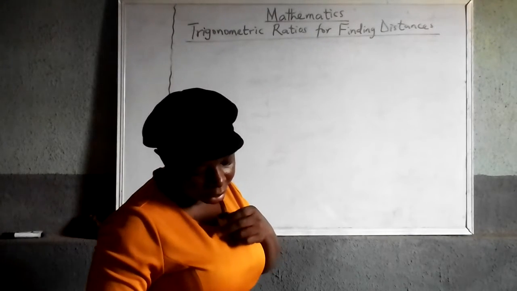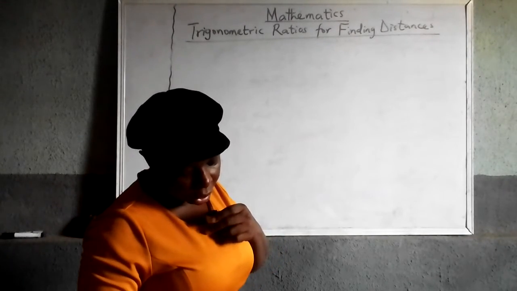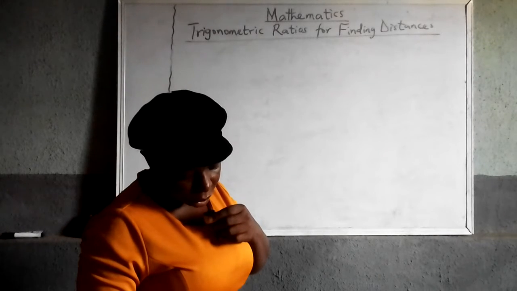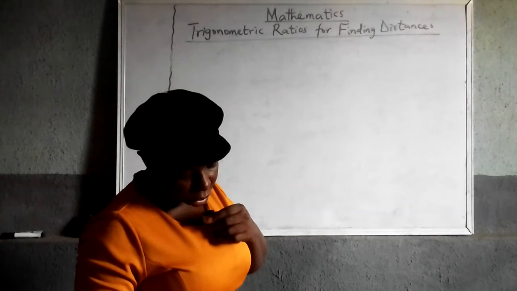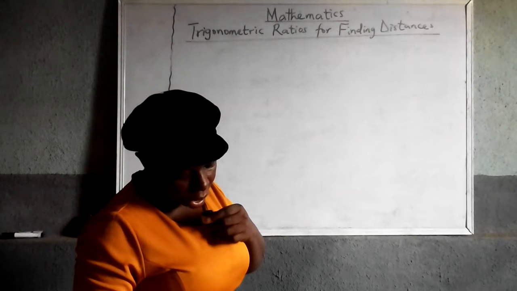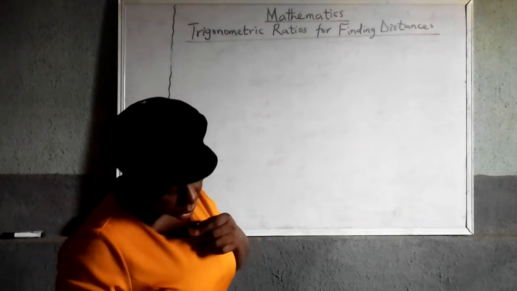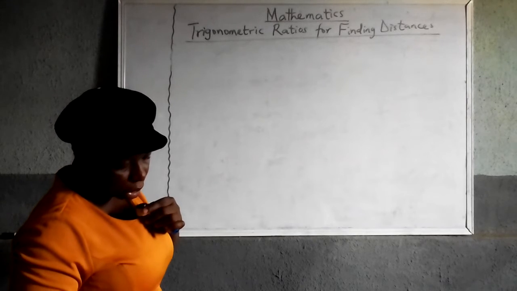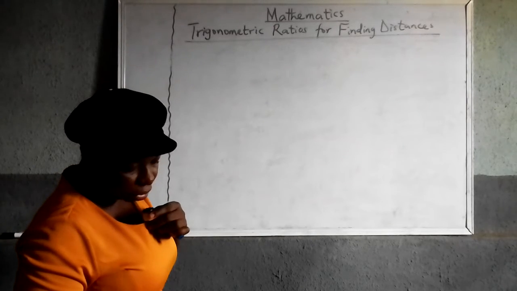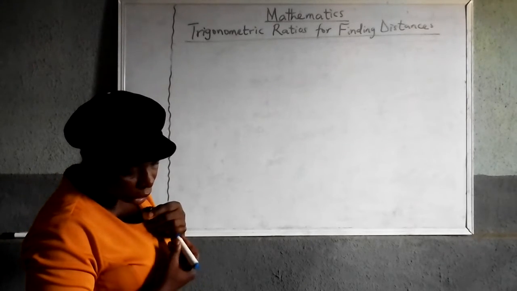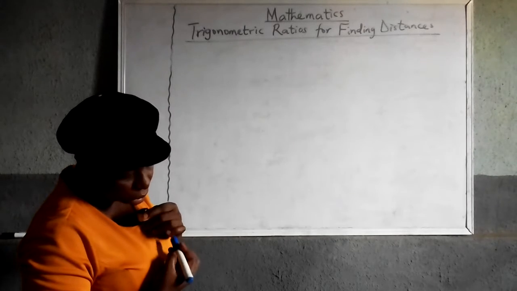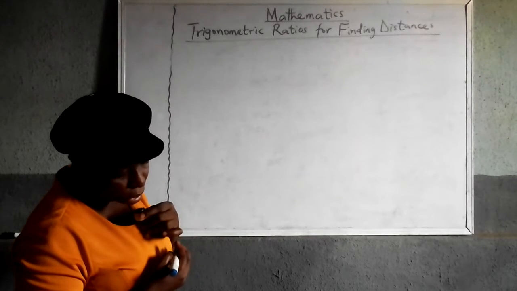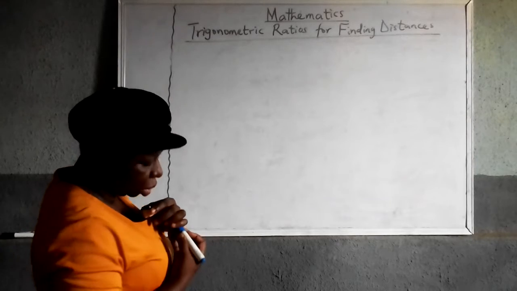A ladder 10 meters long is placed against a vertical wall at an angle of 70 degrees to the horizontal. How high up the wall does the ladder reach?